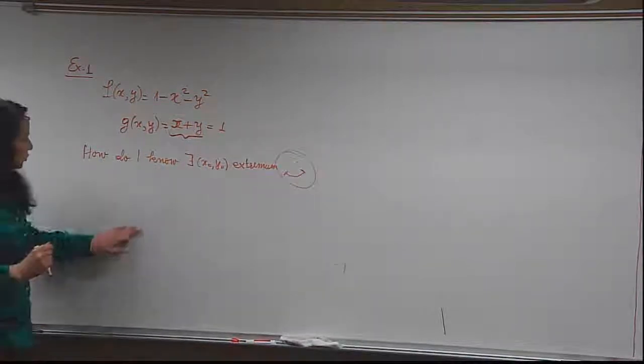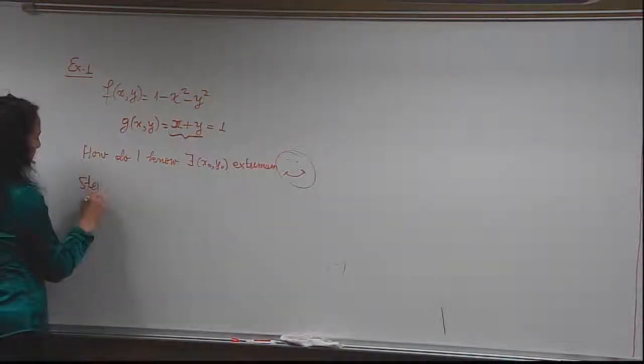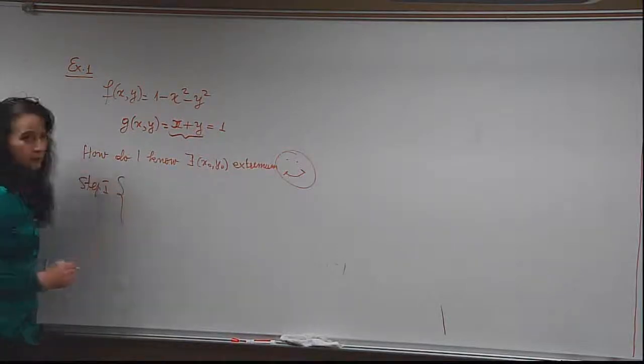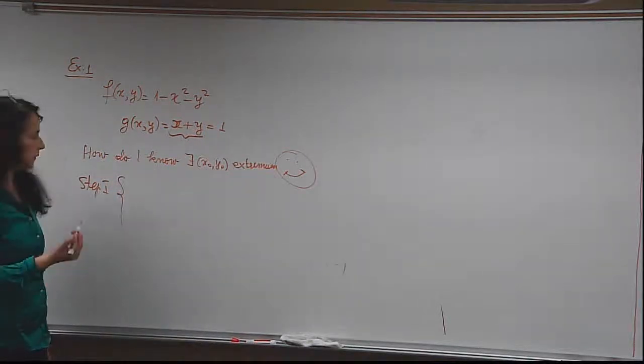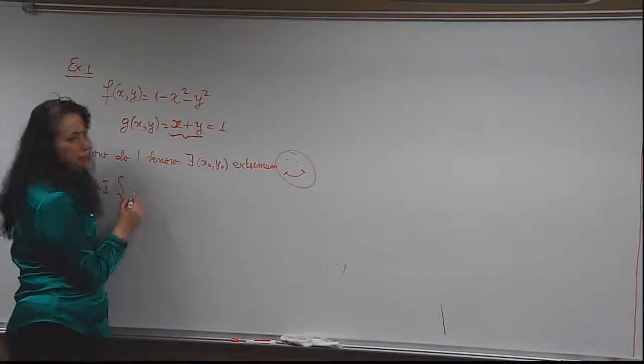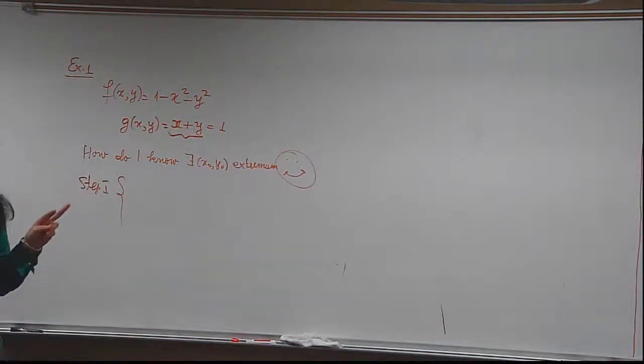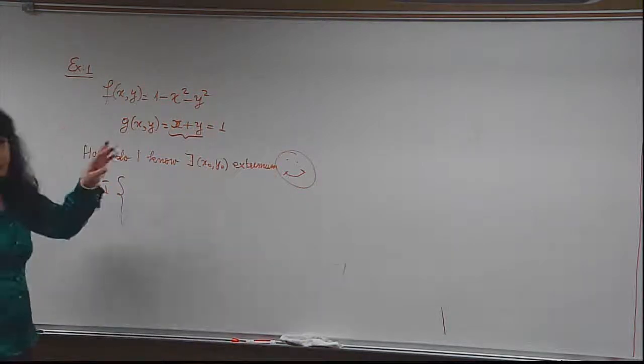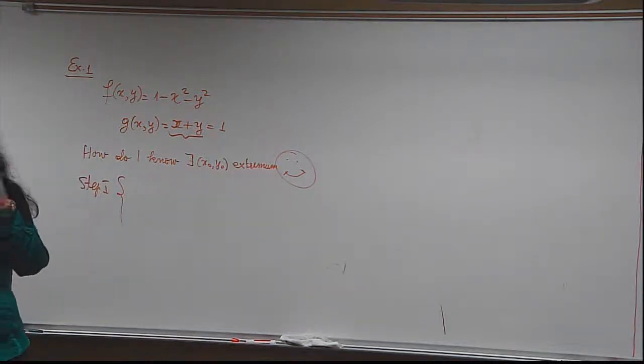So, what do we need to do in step 1? Step 1. Oh my God, you guys remind me because I forgot. I'm just pretending, of course, but I want to see if you were able to remember. The two gradients of f and g respectively have to be proportional. That's kind of the idea.